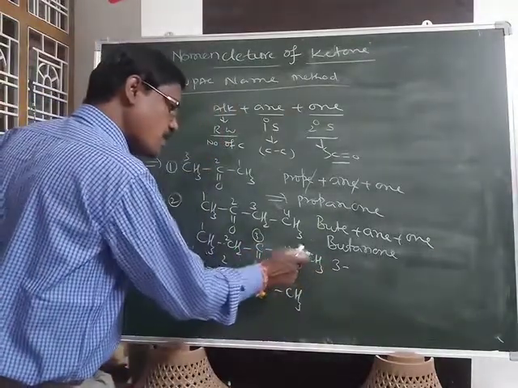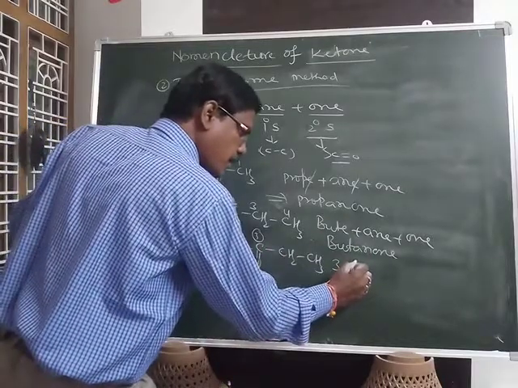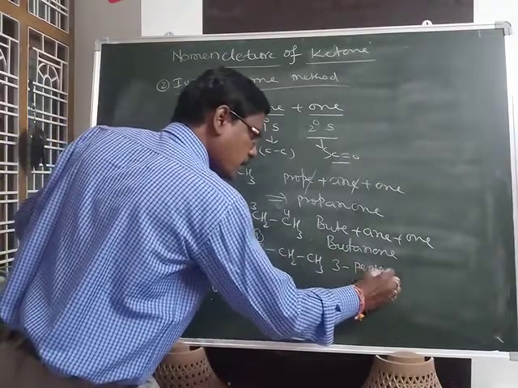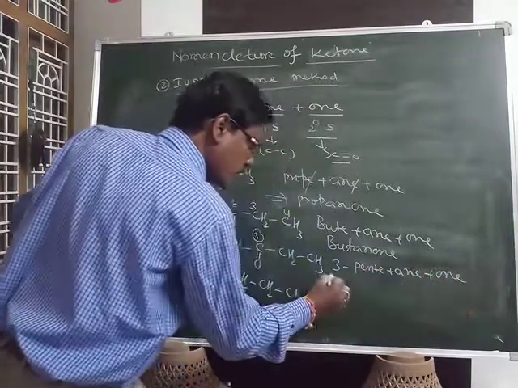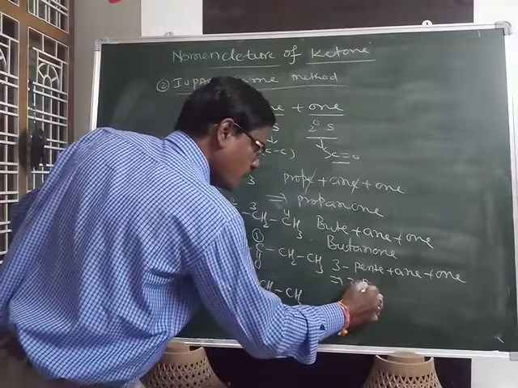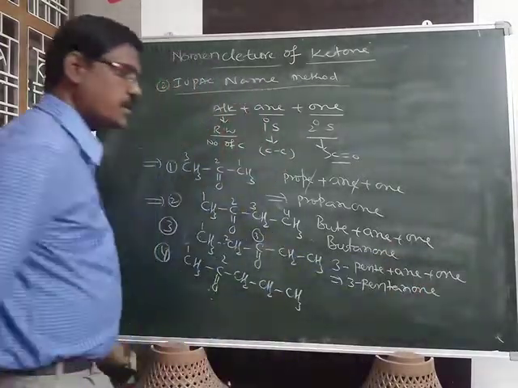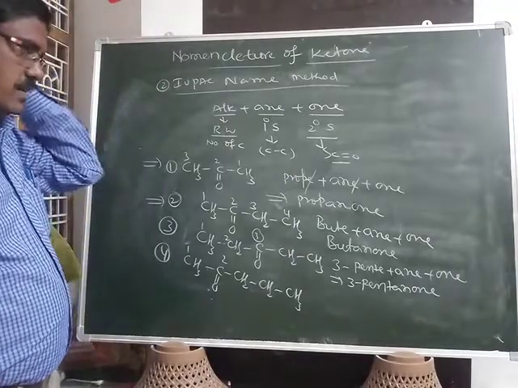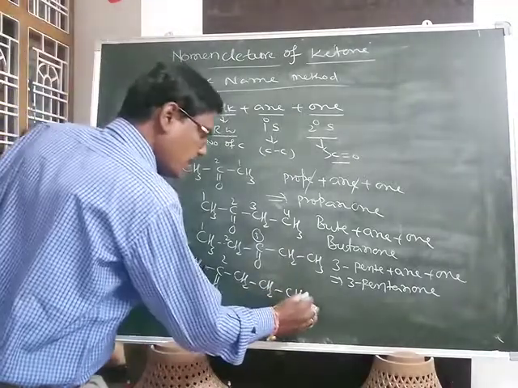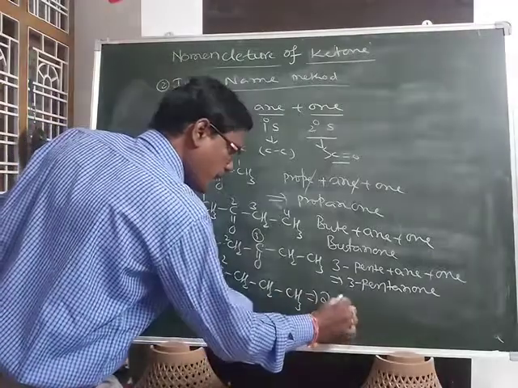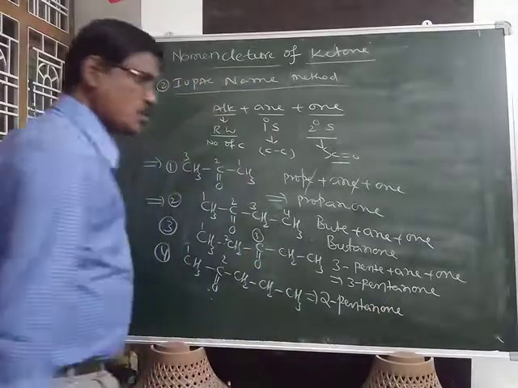How many carbons? 1, 2, 3, 4, 5. That is 3 plus pent plus ane plus one, which gives 3-pentanone. 3-pentanone is the IUPAC name of this one, and this one is 2-pentanone.